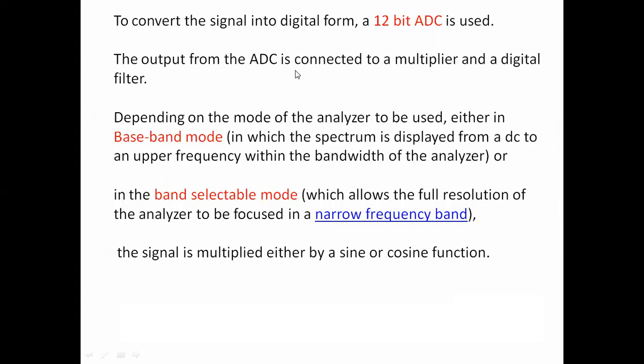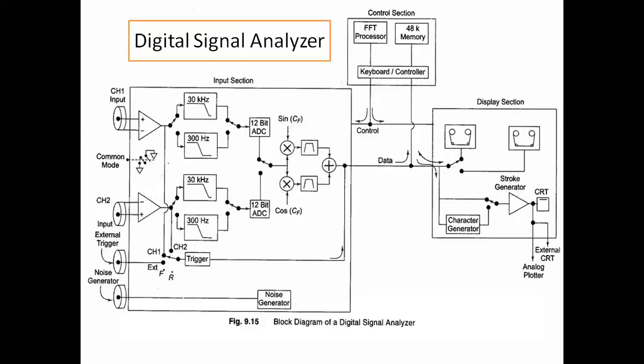The output from the ADC is connected to a multiplier and a digital filter. So in the multiplier, the signal is multiplied with the sine and cosine. So the output of the ADC digital signal will be given to a multiplier, and after that it will be given to the digital filters.